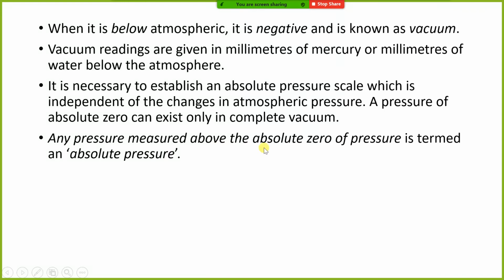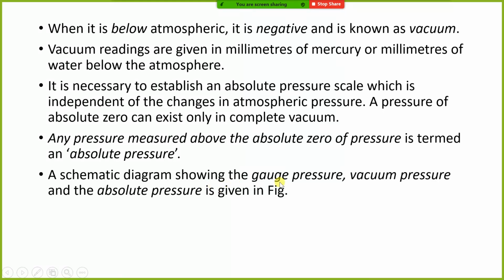Any pressure measured above the absolute zero of pressure is termed absolute pressure. Any pressure above the absolute zero pressure is called absolute pressure. It may be vacuum, it may be gauge pressure.